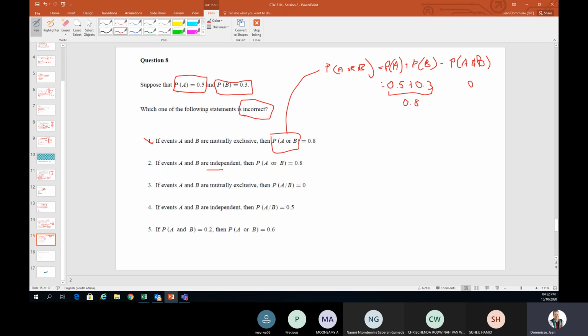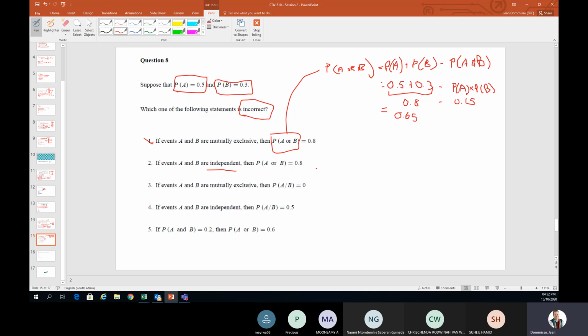If events A and B are independent, so when it's independent, the probability of A and B we get by saying it is probability of A times probability of B. Okay, so it is minus 0.5 times 0.3, which is 0.15, which gives us 0.65.